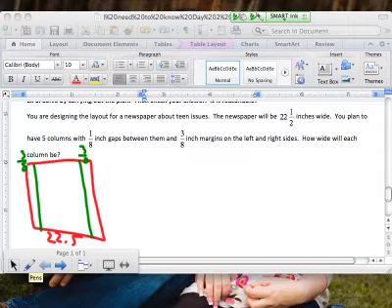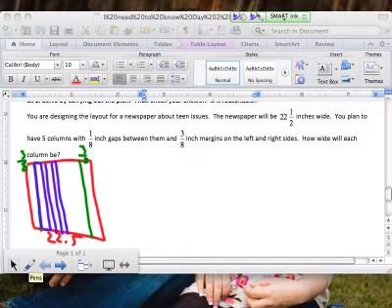Okay, so now I have each column I should say. So I have a column here, 1, there's a gap. Then another column, 2, then a gap. And then 3, and a gap. 4, and a gap. 5. And that's the last one, okay? So what I'm going to do is I'm going to kind of color these guys in just so that it's easier to see what's going on here.